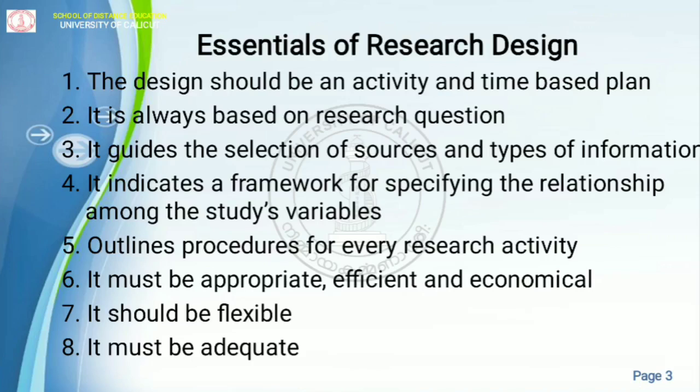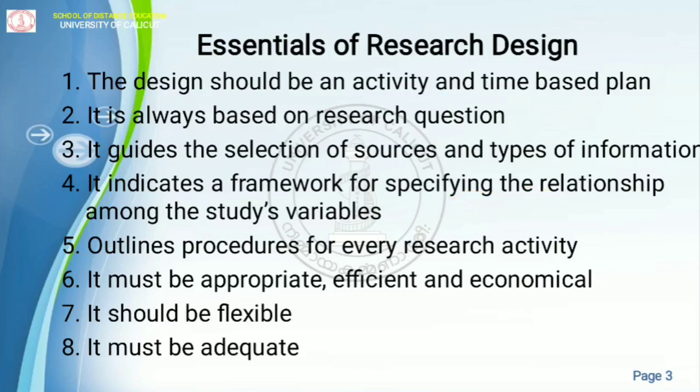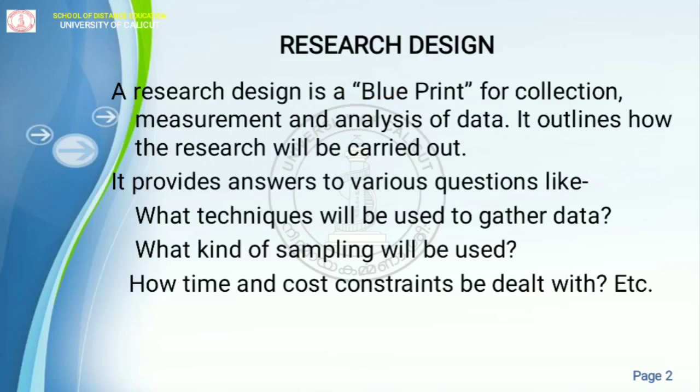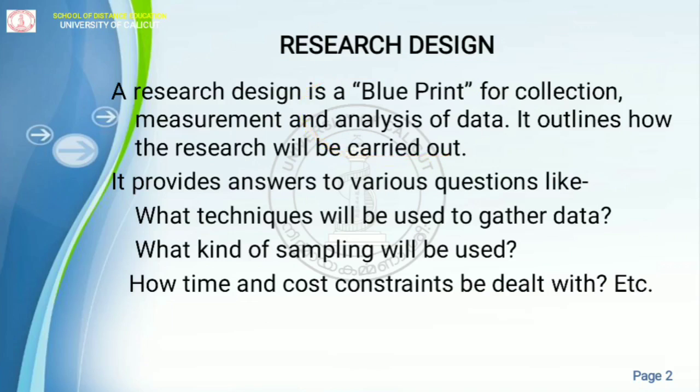And the essentials of research design include: the design should be an activity and time based plan. This blueprint means it will have a time plan and activity plan. It always is based on the research question, not out of the question.